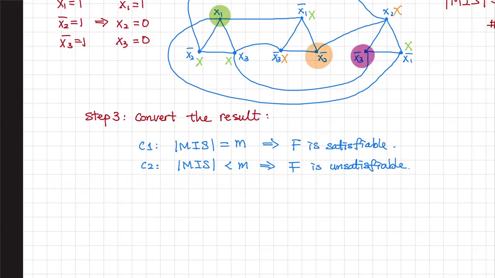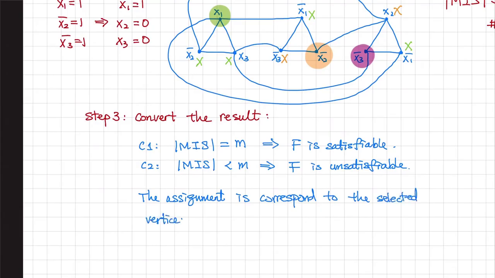Okay, now for the formula that's satisfiable, the assignment corresponds to the selected vertices with value set to 1.